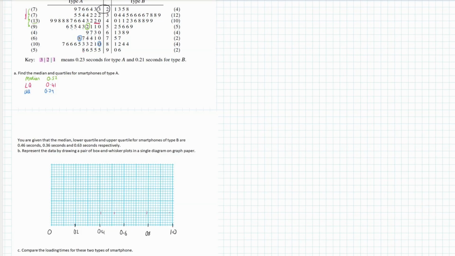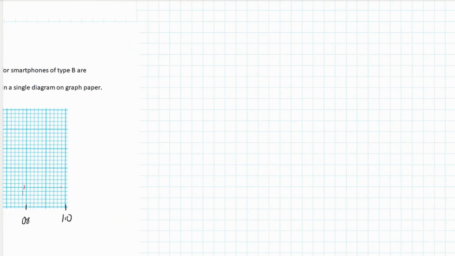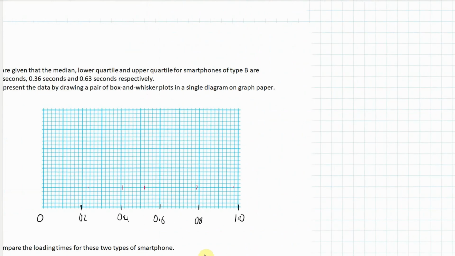Now I might just zoom in so I can see this a bit better. I can draw a line like that, and I'll have a box that goes all the way, and of course you're going to do this with a ruler. I'm drawing it on the computer and I am not very competent at that.